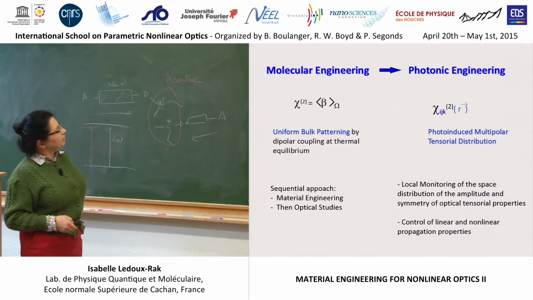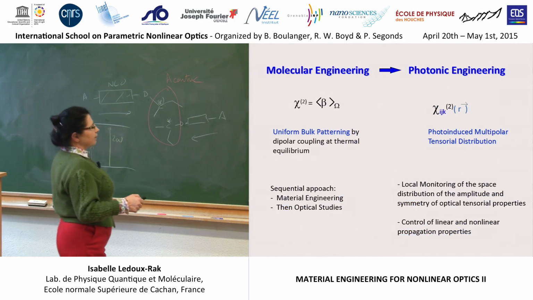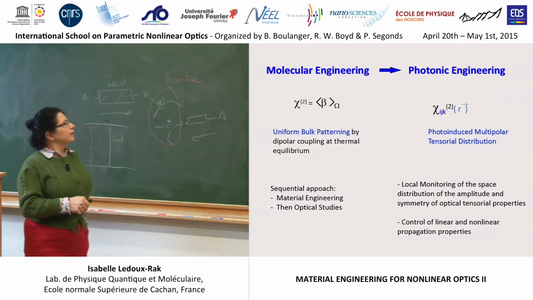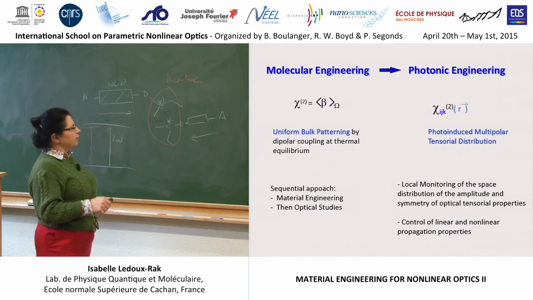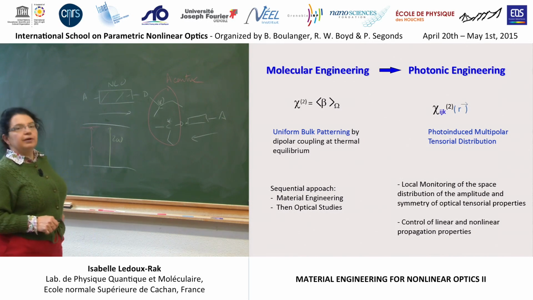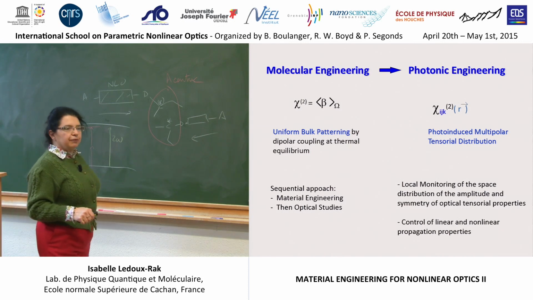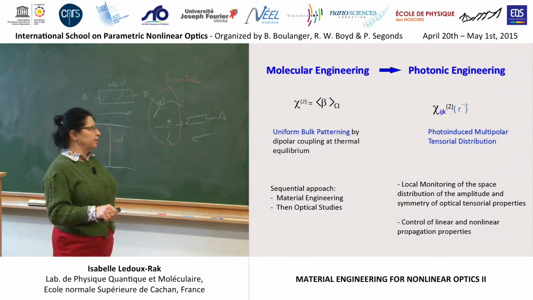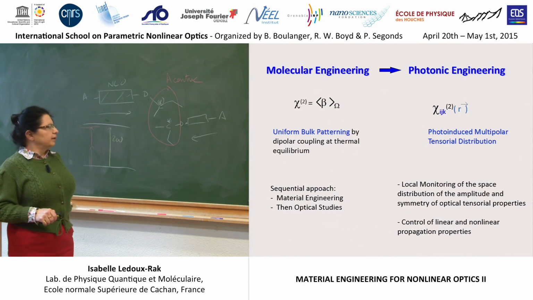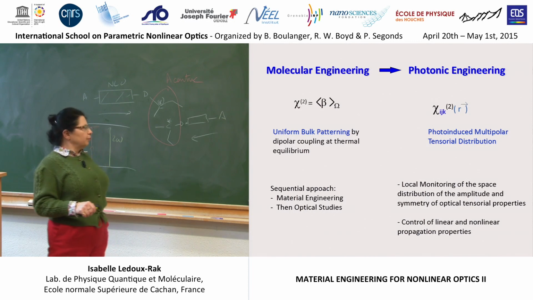It's very general. So we have been able to go from molecular engineering, that's orientation, so finding a way to fabricate molecules and to orient them by an external electric field, to photonic engineering, where photons are used to induce a chi2 of the material, and not only to induce a chi2, but to control very finely its tensorial components.